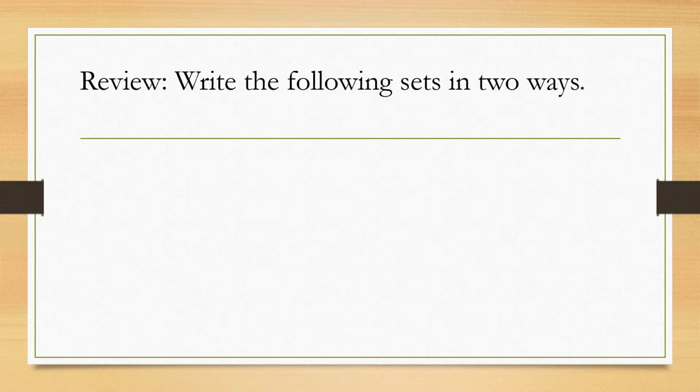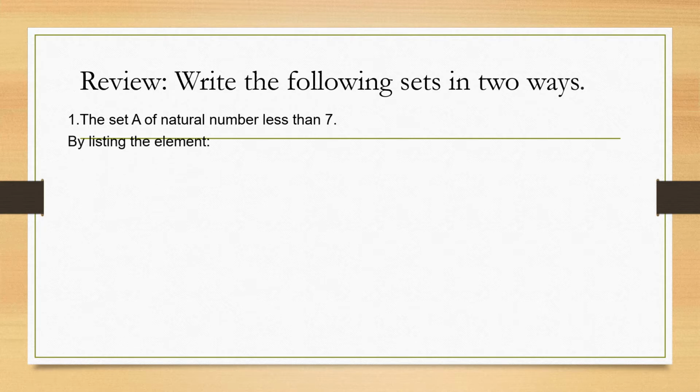Okay, so let's review. Write the following sets in two ways. The set of natural numbers less than 7. By listing method, we can write down all the natural numbers less than 7: 1, 2, 3, 4, 5, and 6.